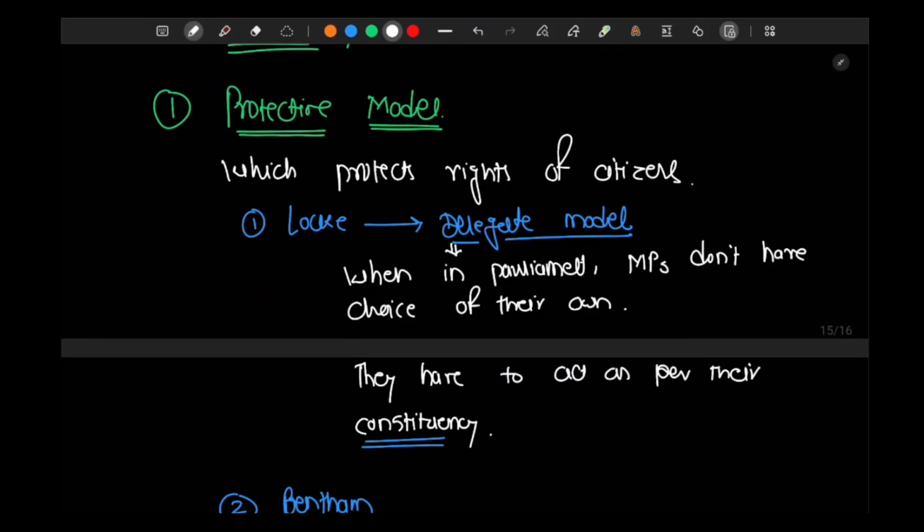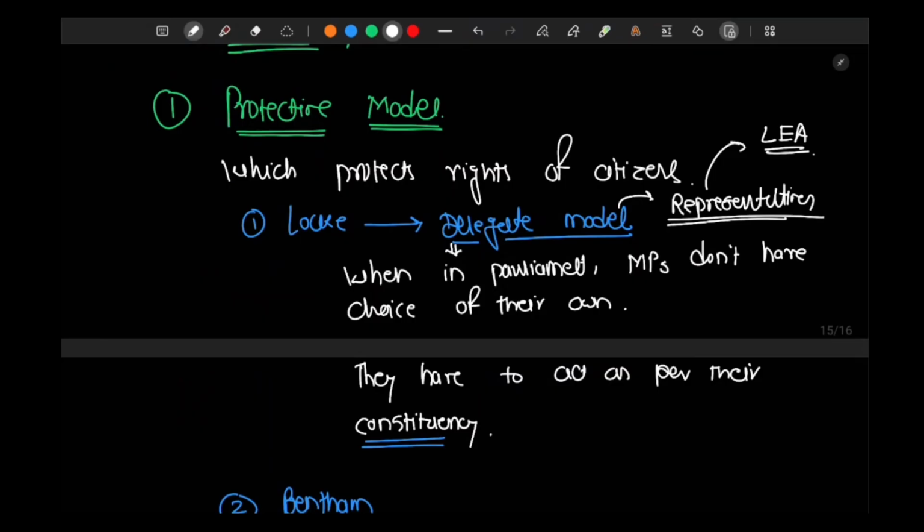What Locke talks about is delegation. Delegation to whom? Delegation to representatives. Delegation of what? Delegation of legislation, execution, and adjudication.